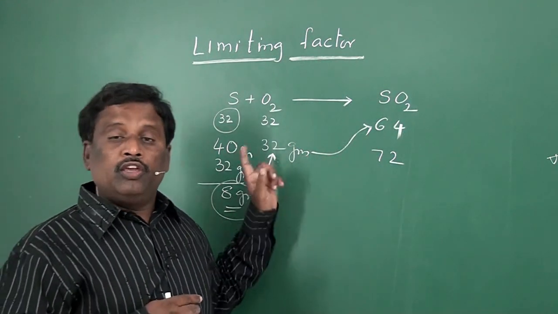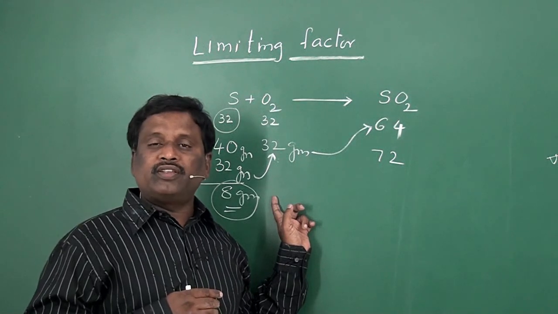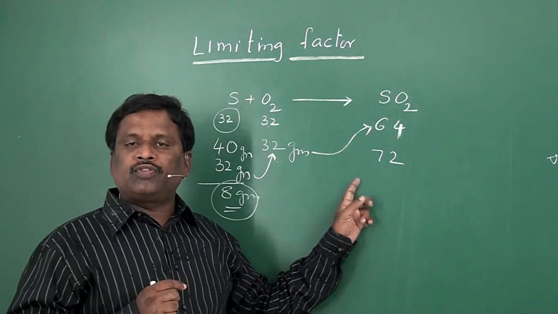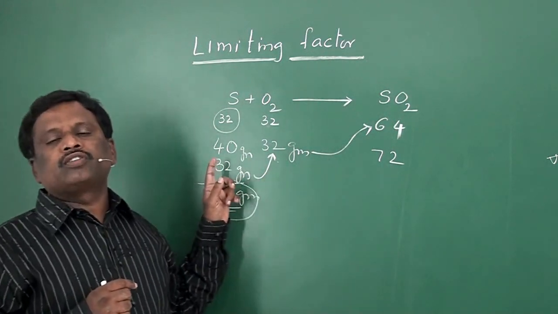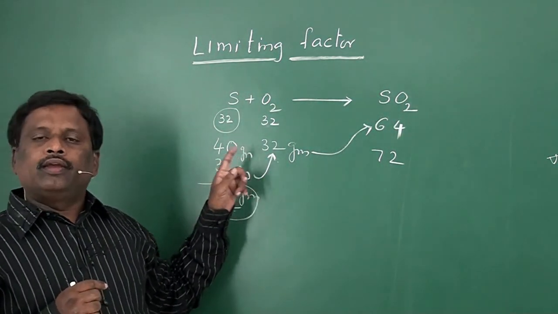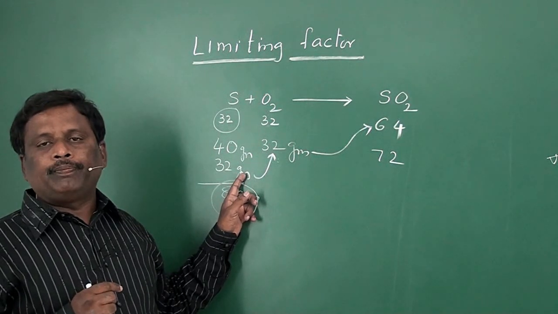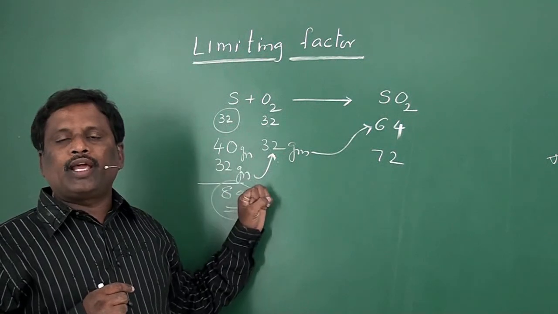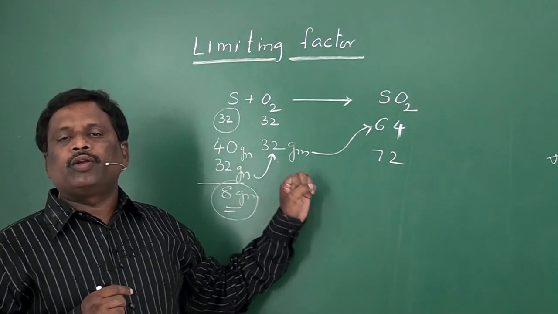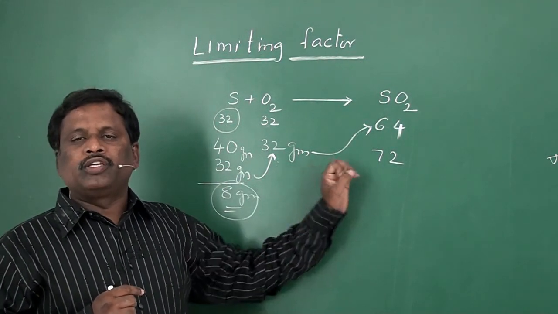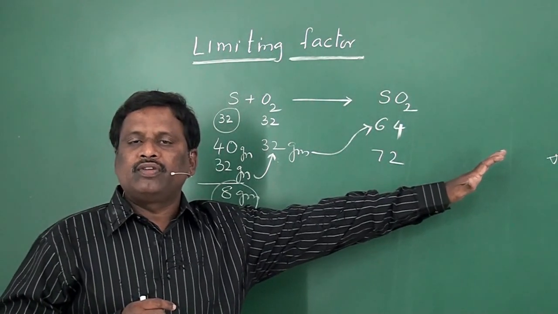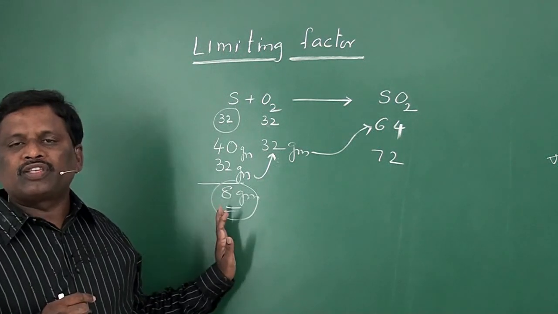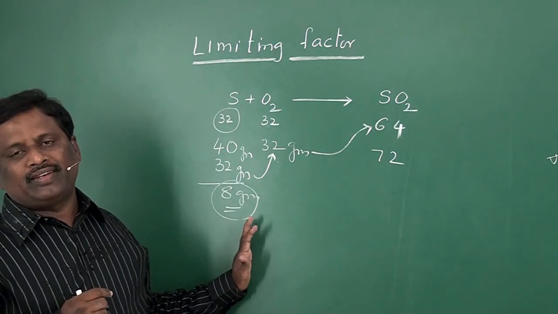So even though 40 grams of sulfur is there, the amount of oxygen present is only 32 grams. So only 32 grams of sulfur can take part in the reaction to give 64 grams of sulfur dioxide. What about the rest of the 8 grams? The 8 grams of sulfur is left behind unreacted.